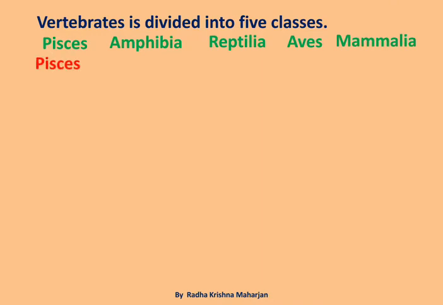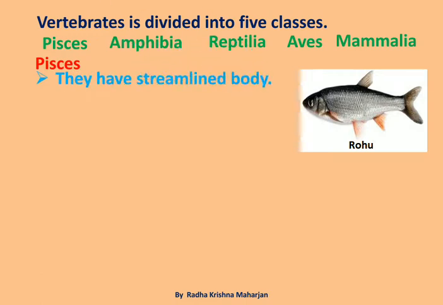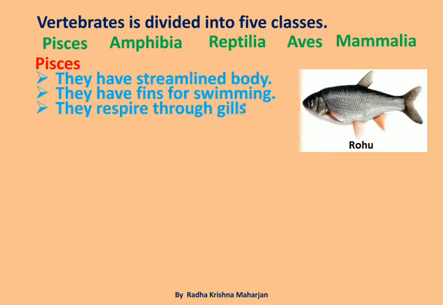Pisces: they have streamlined body. They have fins for swimming. They respire through gills.